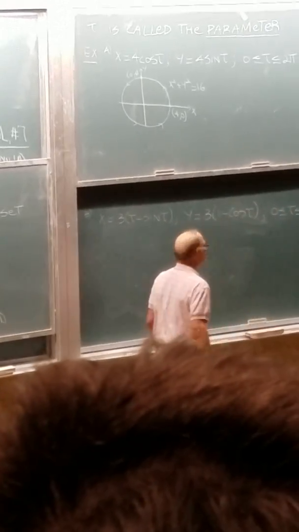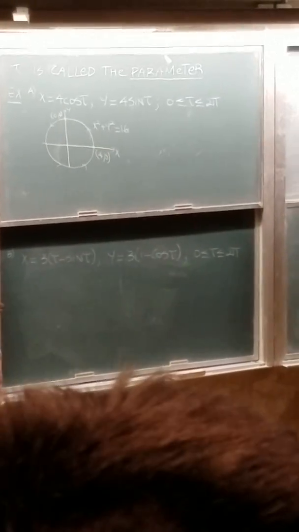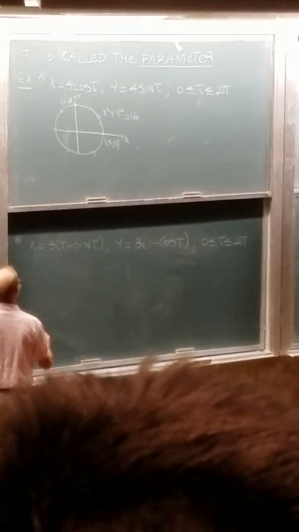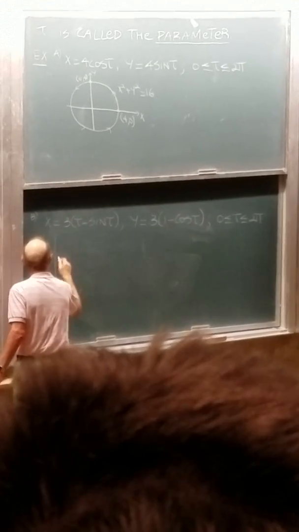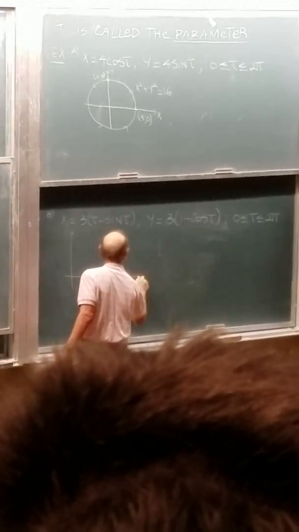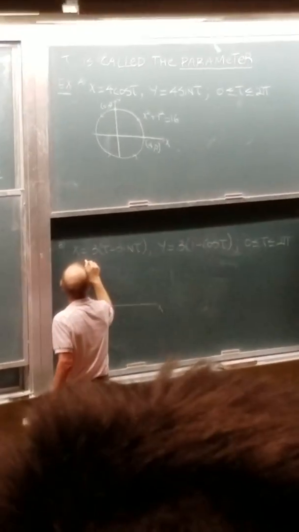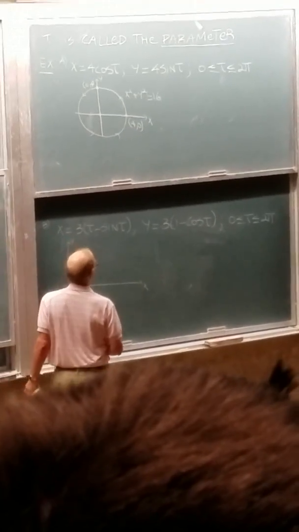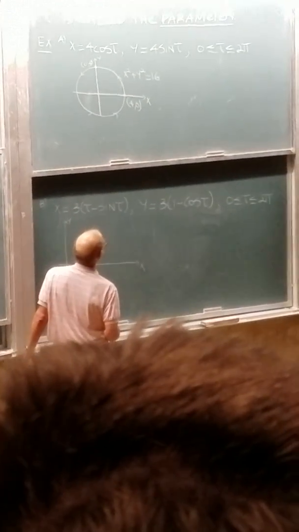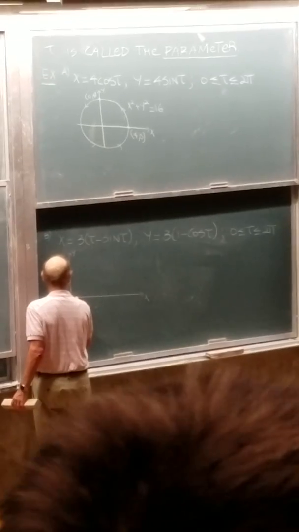Let me draw a rough sketch of what this curve looks like. When t is 0, you have the point (0, 0).